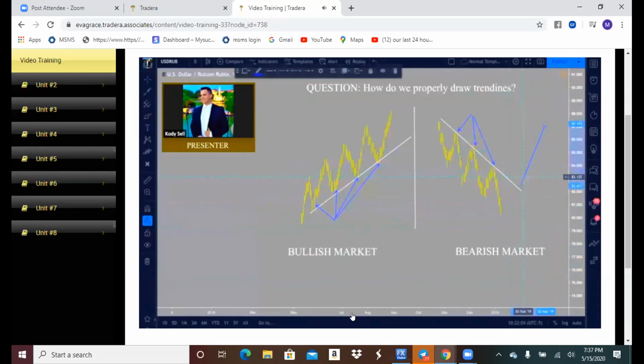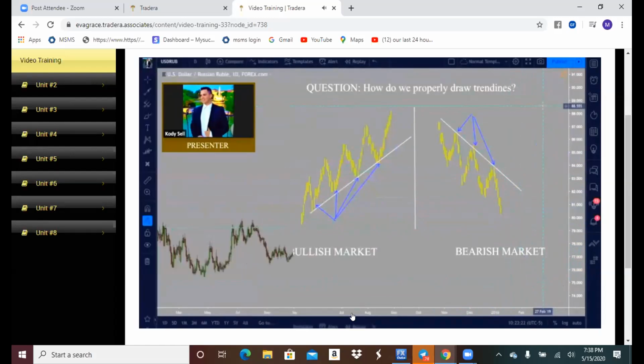So that's conceptually understanding how to properly draw your trend lines. And now we've got enough information to go into the markets and apply it.